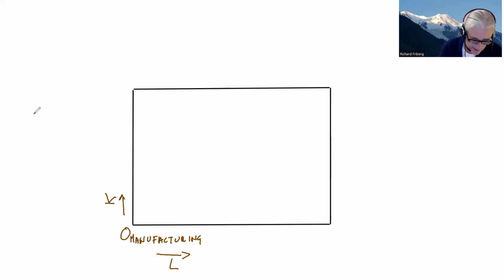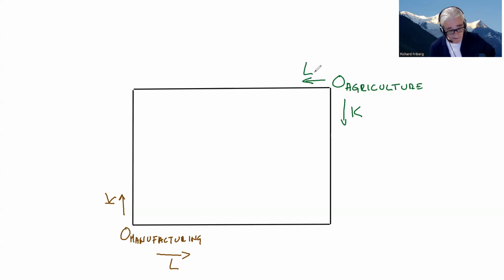Okay, there's another industry, so call that agriculture. So up here we have the origin for agriculture. And similarly, we're measuring capital on the vertical axis and labor on the horizontal axis for agriculture.